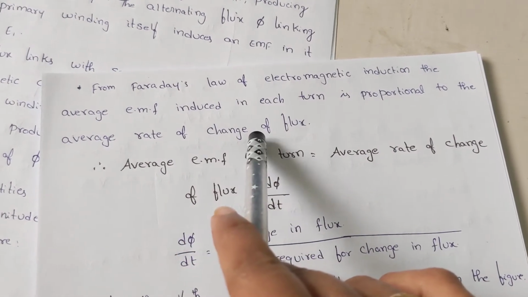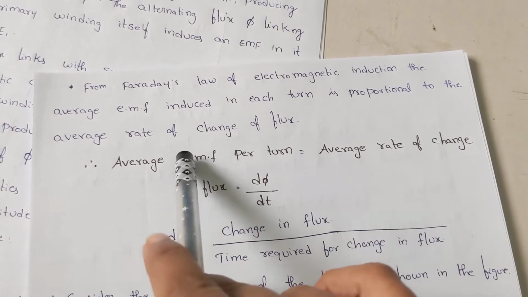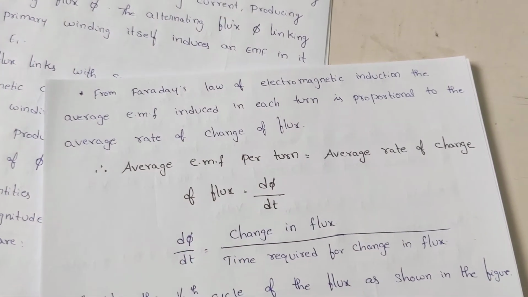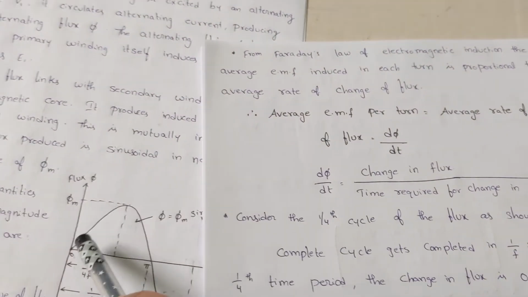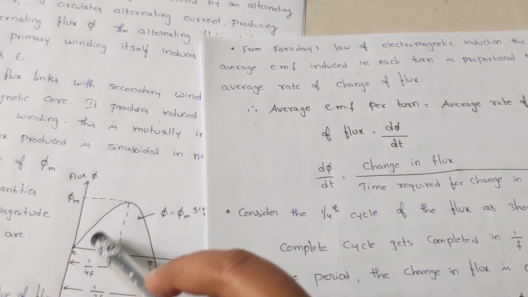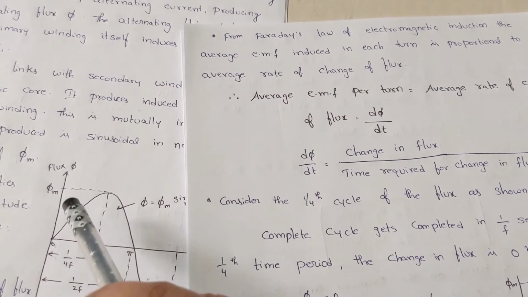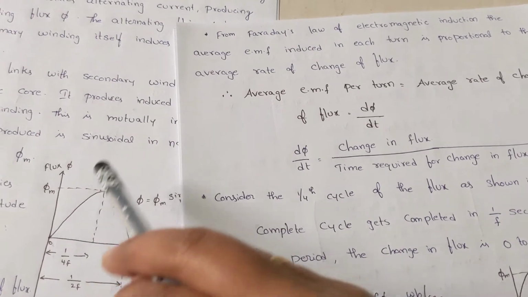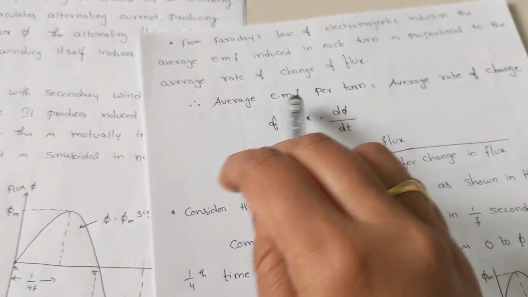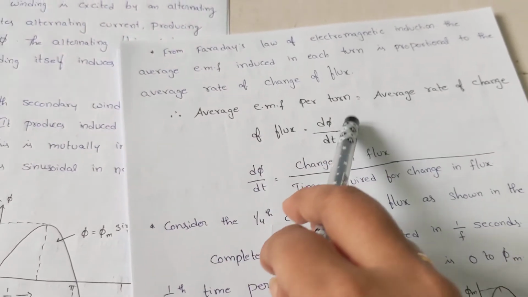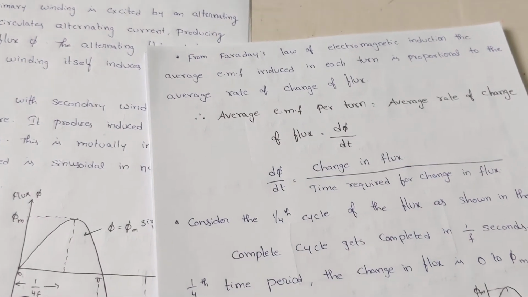Rate of change of flux is simply the slope. On the x-axis we have time, on the y-axis we have flux, so this is the slope, dy by dx. So the average EMF per turn equals d phi by dt, which is the change in flux over the change in time.